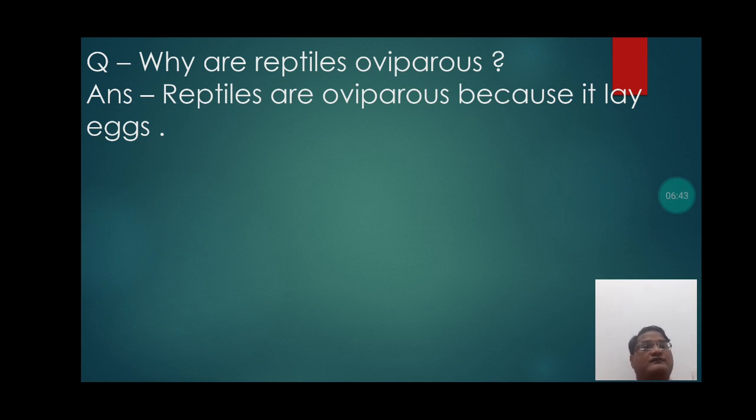So students, today in this video we came to know that reptiles are the specific organisms which are better in comparison to the amphibians, as they have a partially developed four-chambered heart.